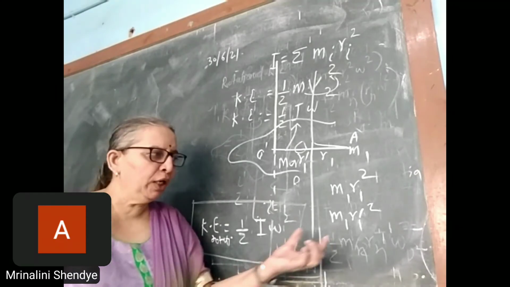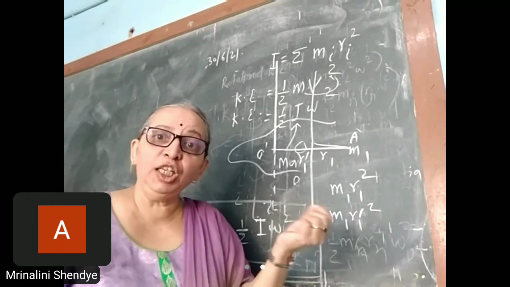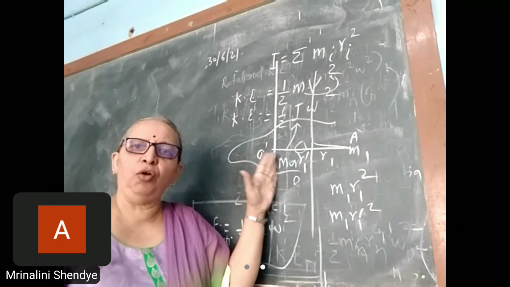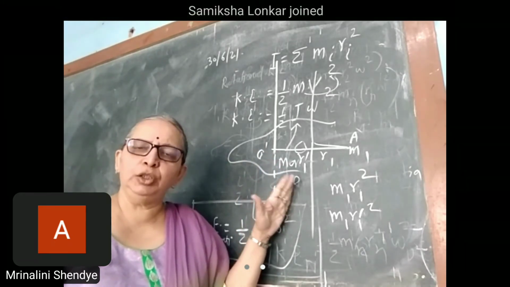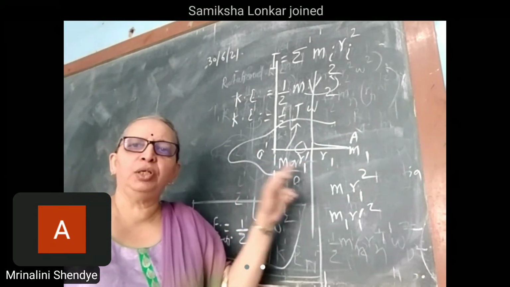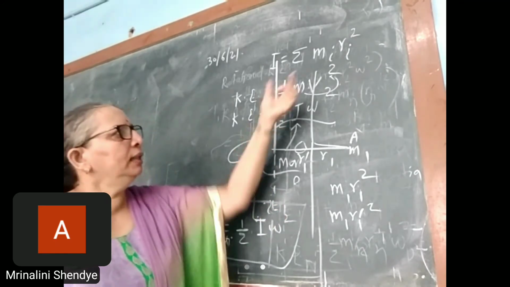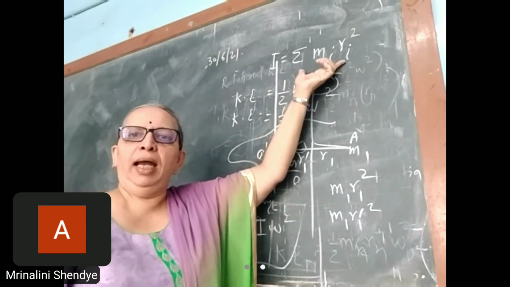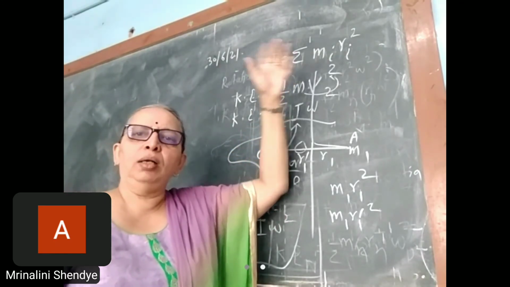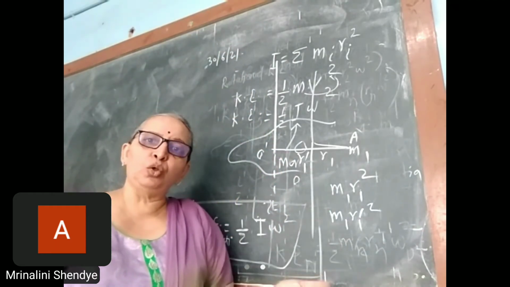So the moment of inertia of each particle about the axis of rotation changes due to the change in position of the axis, and hence summation of mr square for the entire body also changes.